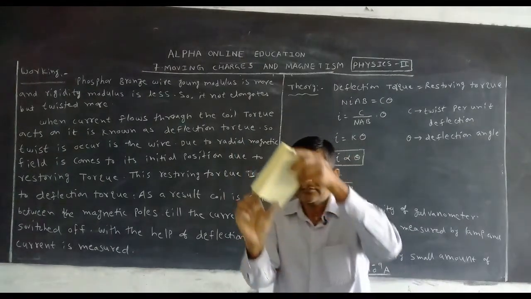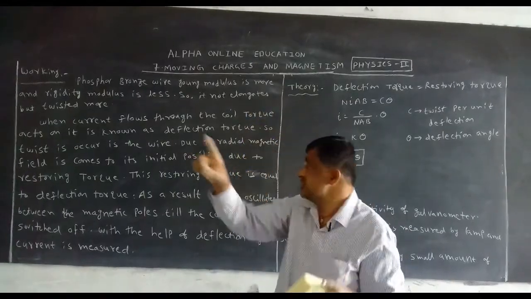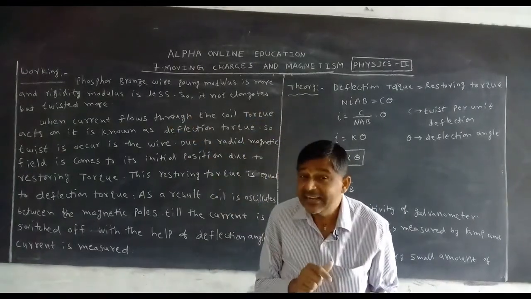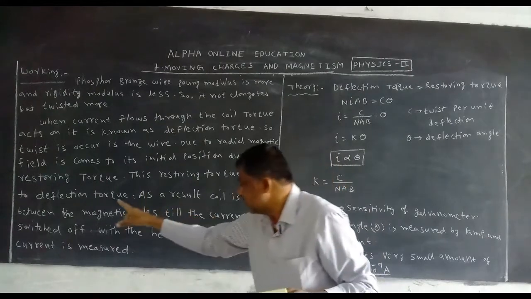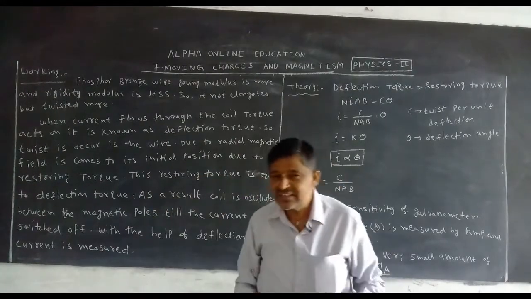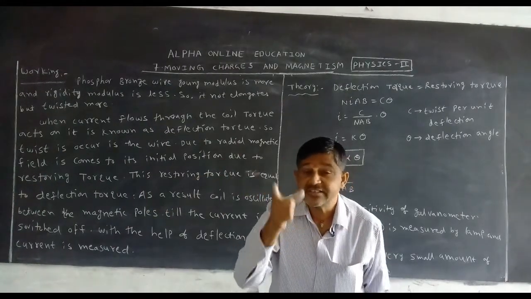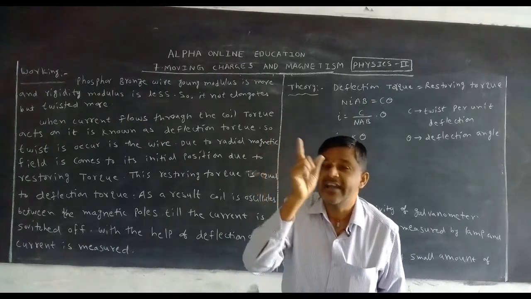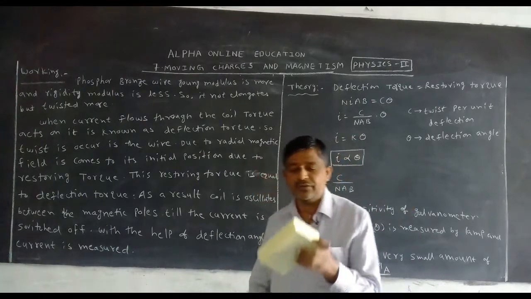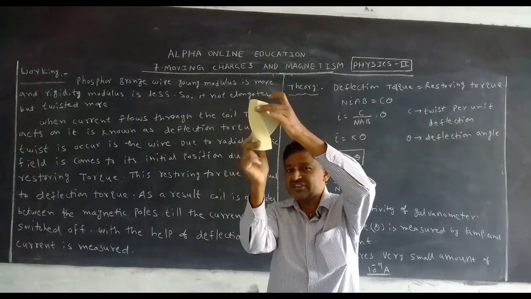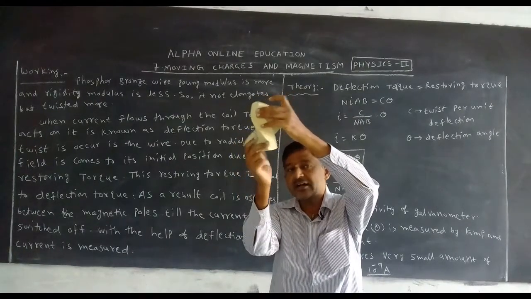One cause is the phosphor bronze wire, second is the radial magnetic field, third is the soft iron cylinder. Due to that, the twist occurs more in the wire.